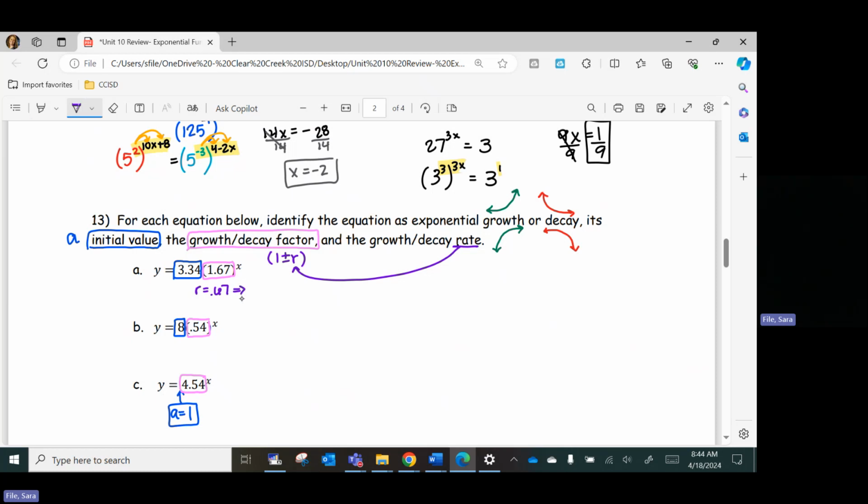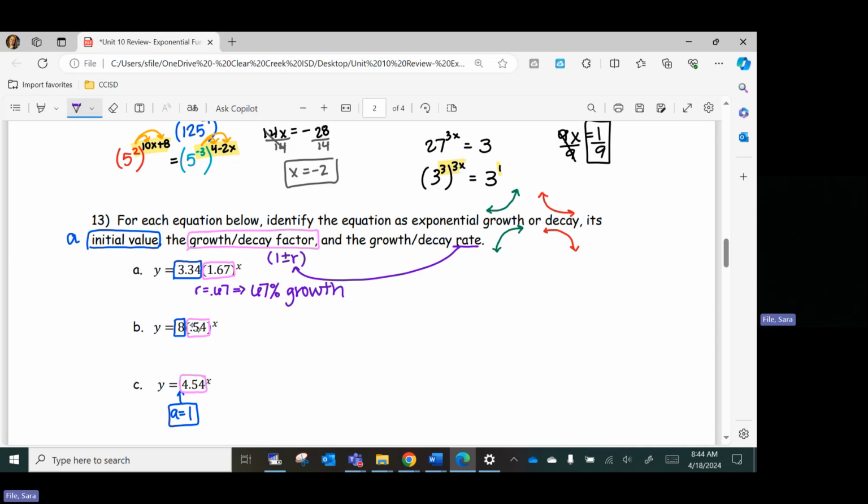So what would that be as a percent? 67%. Now, is it 67% growth or decay? Growth. It's over 1. That was added to 1. So it's a 67% growth.